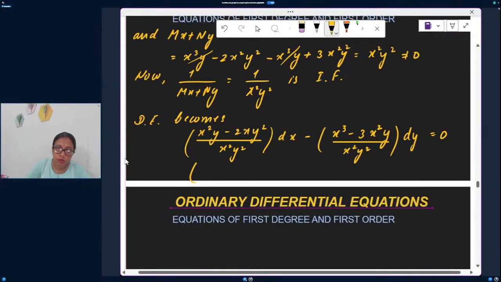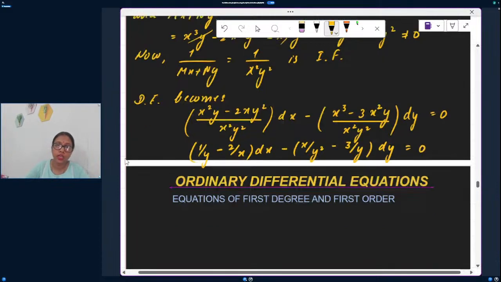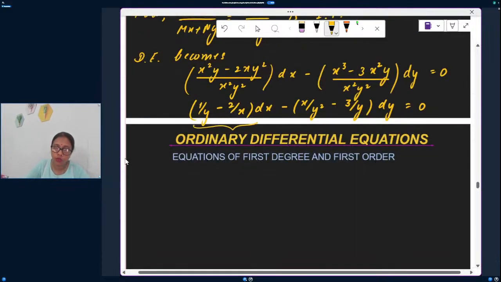So this will become 1 by y minus 2 by x dx minus x by y square minus 3 by y dy is equal to 0. Okay, now this is your new value of M and N.